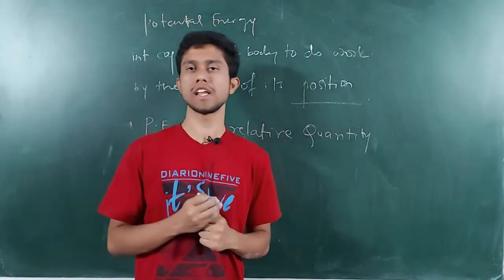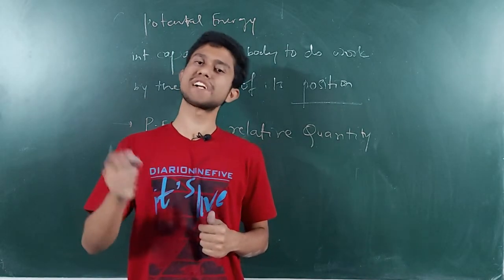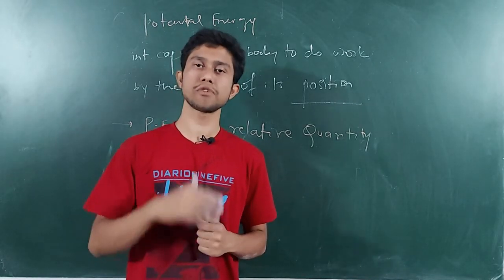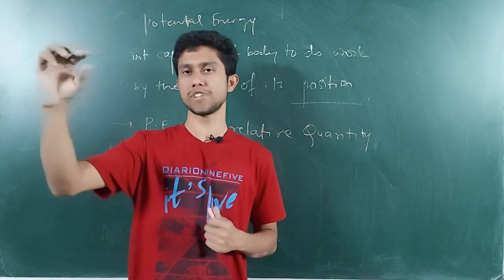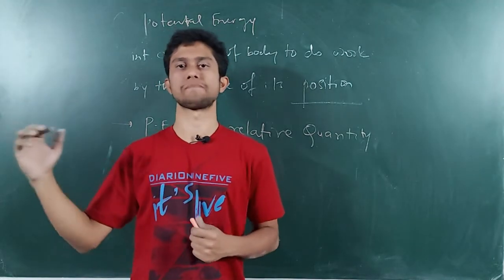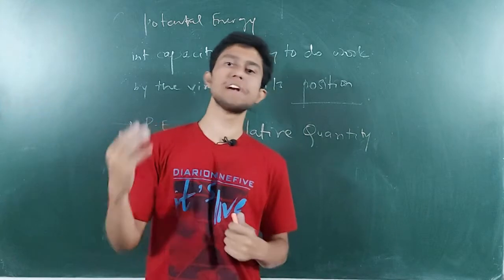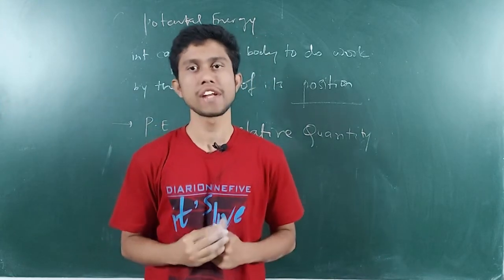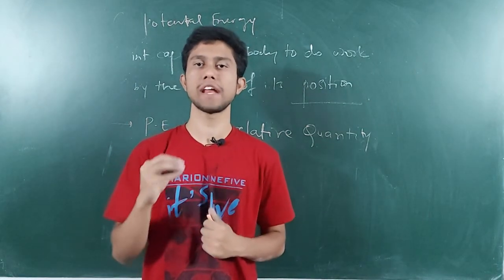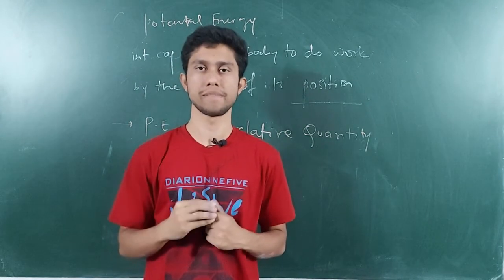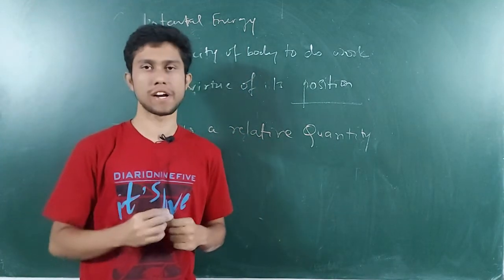A particular body will have different potential energies with respect to different objects. The potential energy of that object with respect to me will be something, and with respect to any other person will be different. Hence potential energy is a relative quantity and it always has to be with respect to some other object or point.